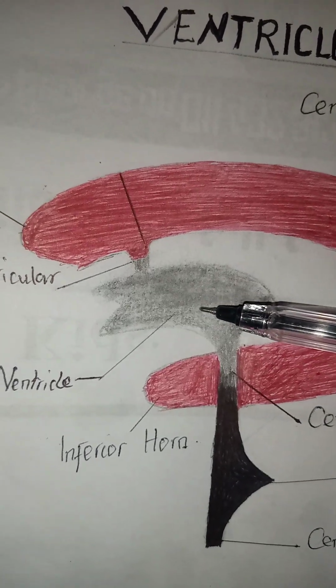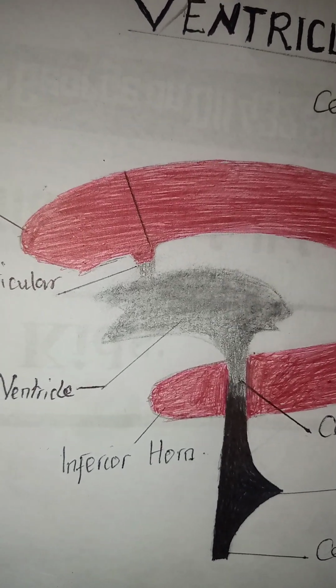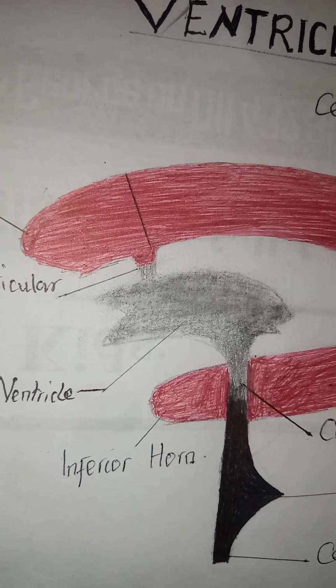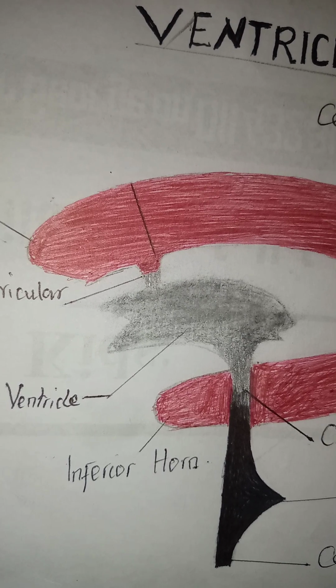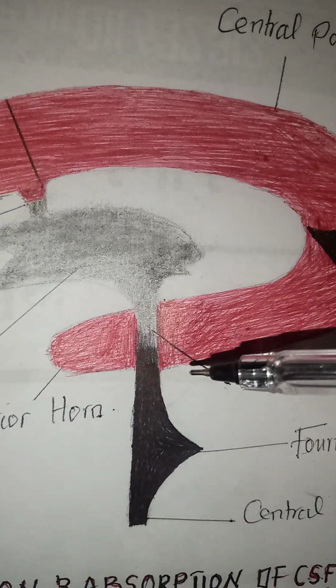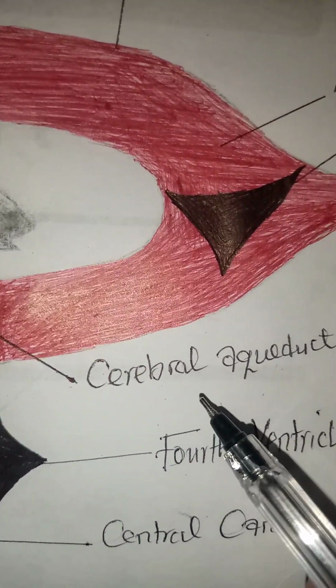So the third ventricle, in terms of the position, lies between the right and left halves of the diencephalon. It communicates with the fourth ventricle via the cerebral aqueduct.